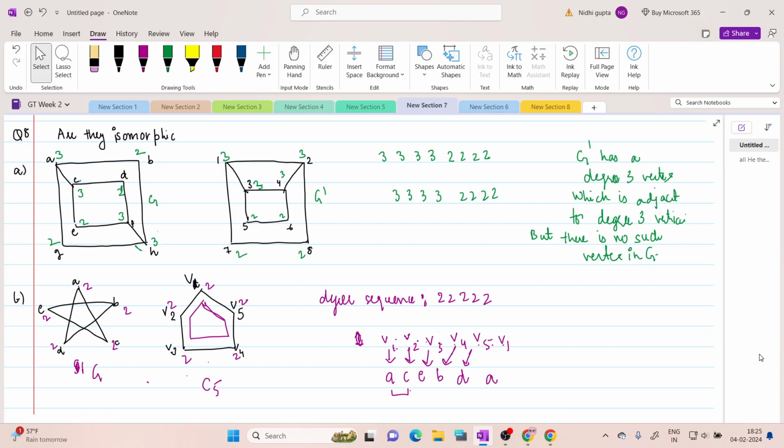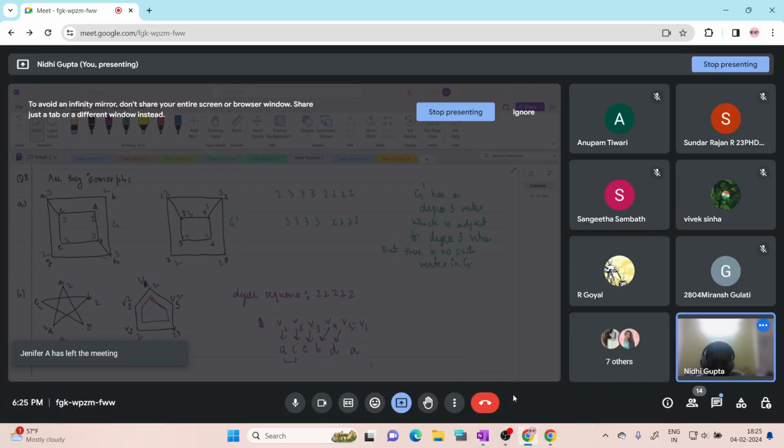If this is the map and you can find an edge here which is not there, then this map will not give an isomorphism. If there are more edges, you'll have to find other reasons, like we did in previous questions, analyzing the graph appropriately to find a contradiction.